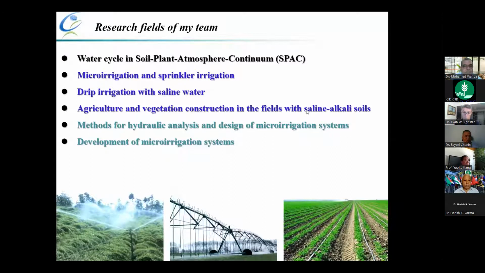Also, we use micro-irrigation methods, and we developed methods for hydraulic analysis and the design of micro-irrigation systems, and developed some micro-irrigation systems.